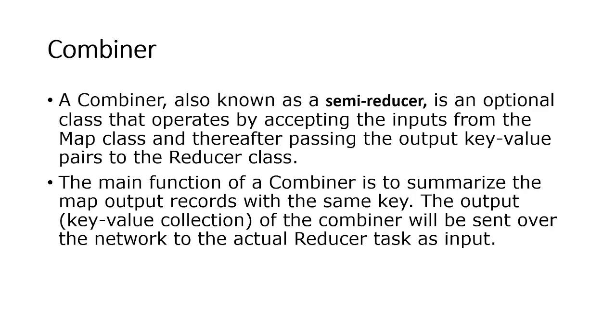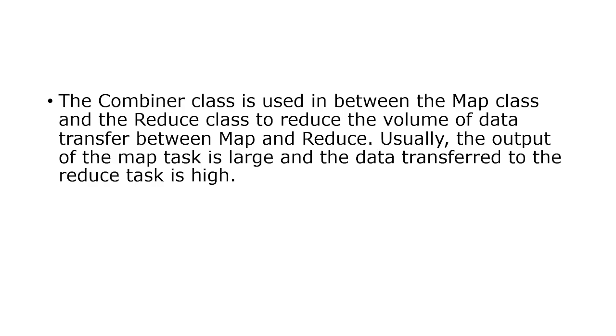The combined output from your map phase is sent over the network as input to the actual reducer task. It works between the map class and the reducer class to reduce the volume of data to be processed by the reducer.